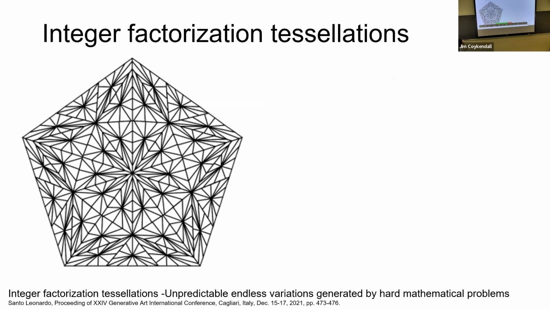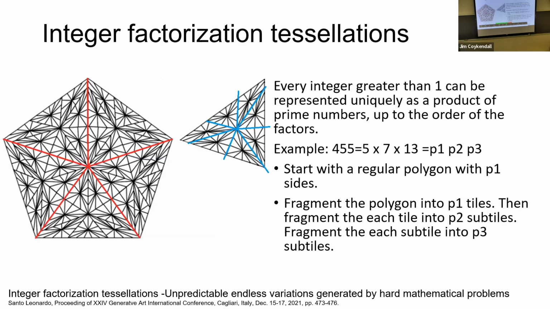This kind of tiling is called integer factorization. It is based on the theorem that every integer greater than 1 can be represented uniquely as a product of prime numbers, up to the order of factors. For example, 455, I can write it as a product like this, and then I call them P1, P2, P3 for these primes.